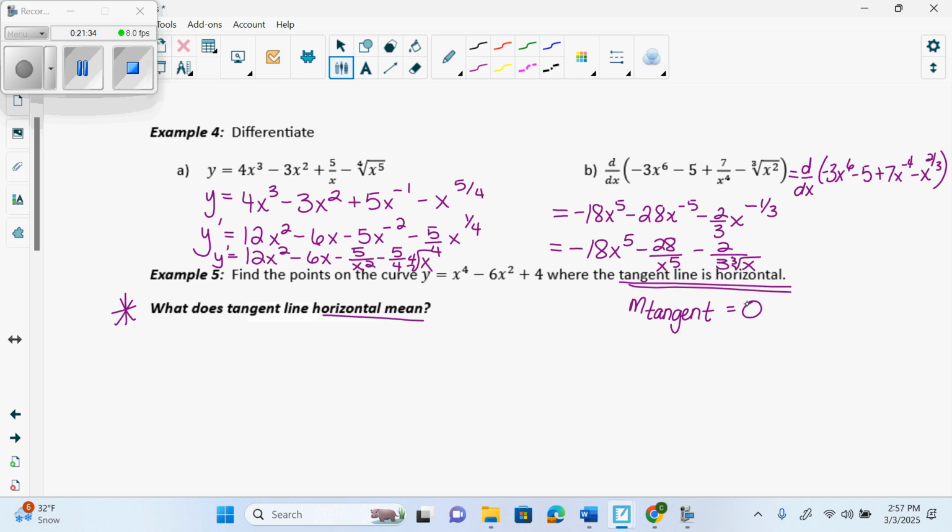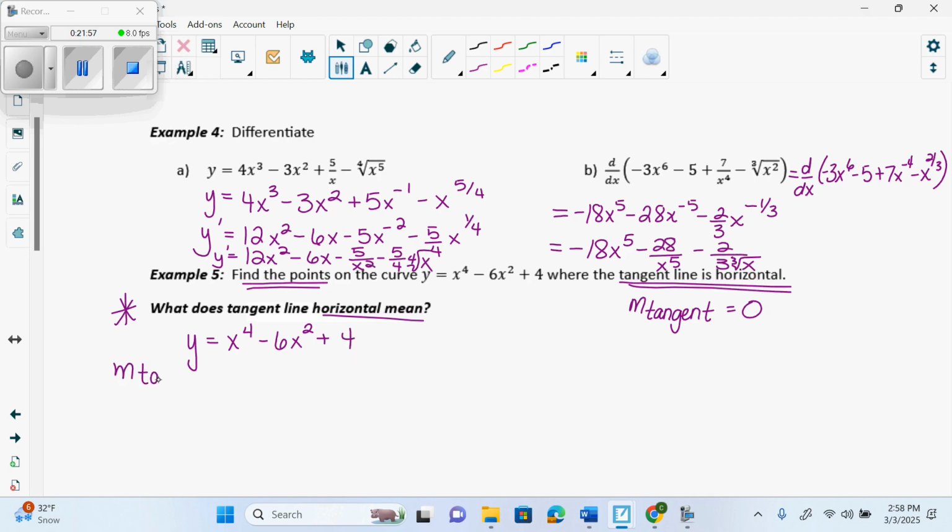So it wants the points. So we'll solve for x that way, and then we have to input it back in to get our y's, because it wants points. It wants x, y's. So if they tell us the tangent line is horizontal, they want to know where the points for that happen. We have to go y equals x to the 4 minus 6x squared plus 4, and get our m tangent first.